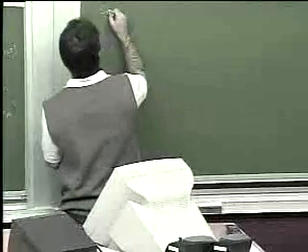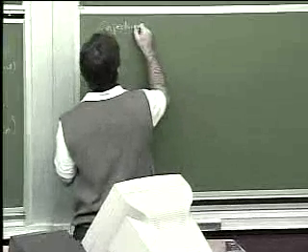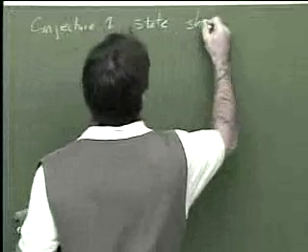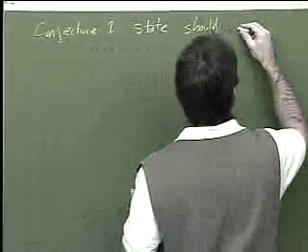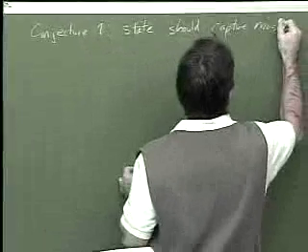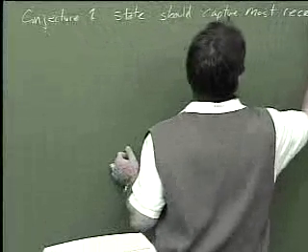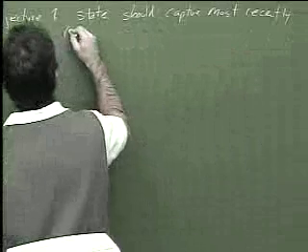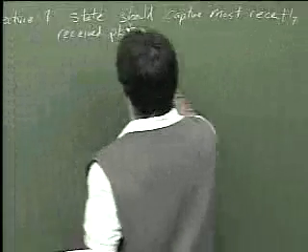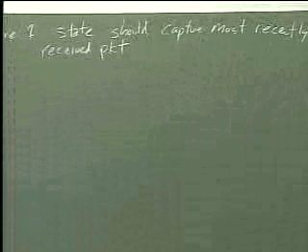So that's conjecture one: the state should capture the most recently received packet. Okay, if I do that, I need 3 states, right?